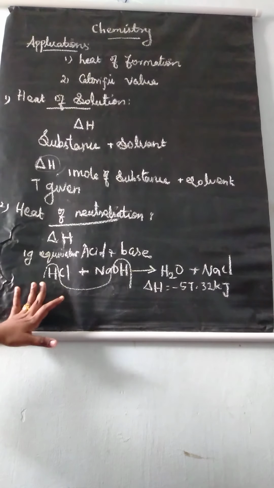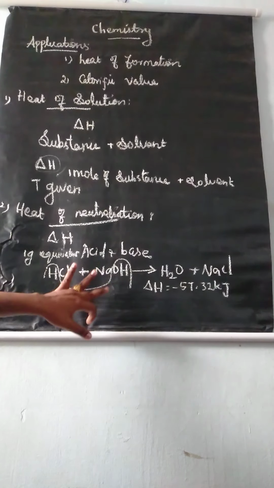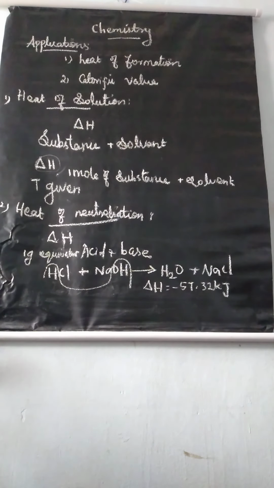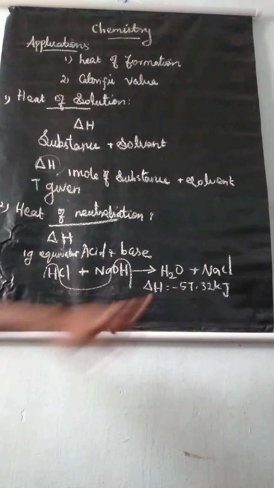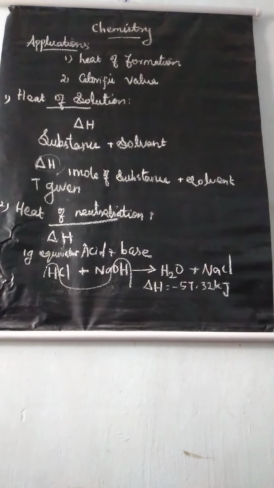Consider a simple example: acid HCl neutralized by base sodium hydroxide to form water and sodium chloride. Here the change in enthalpy, delta H, is equal to minus 57.32 kilojoule. Understand this?